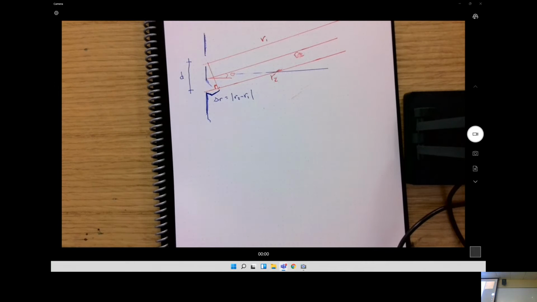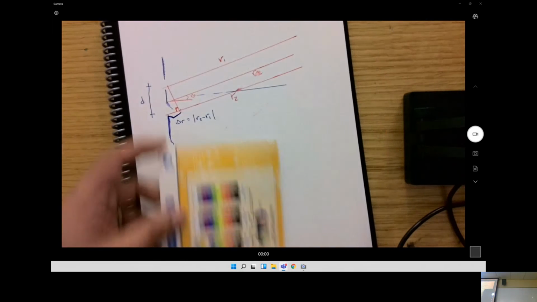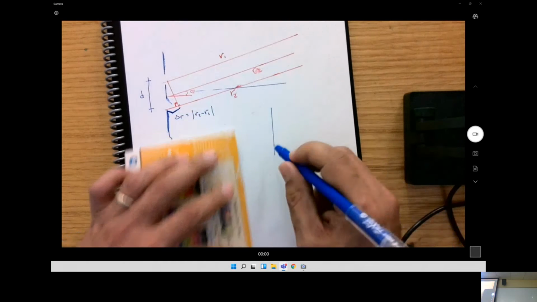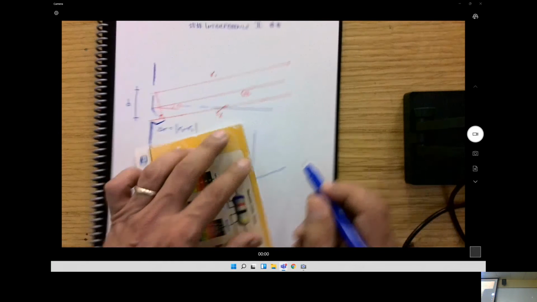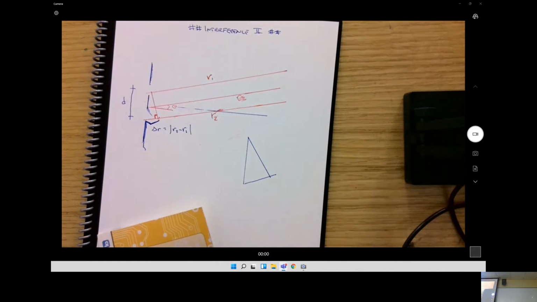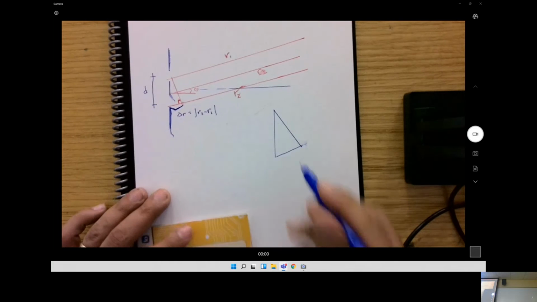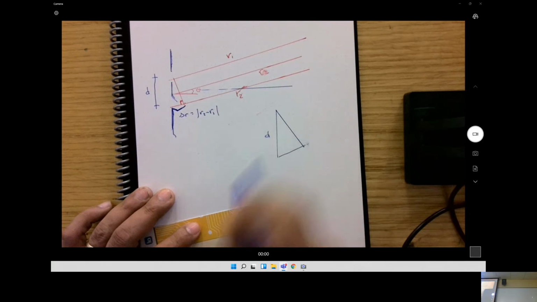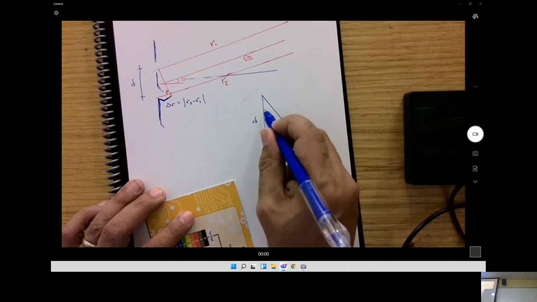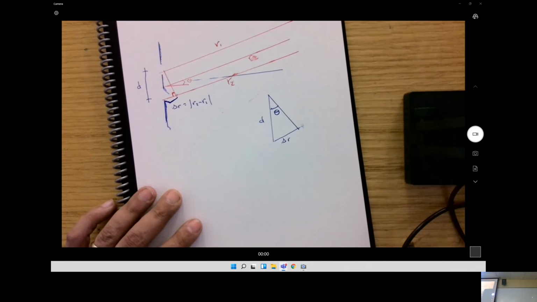That's very convenient because I have a right triangle. That's going to look like this. This is my distance D. This is my delta R. And this angle over here is going to be theta.